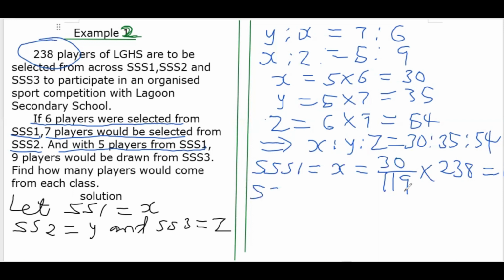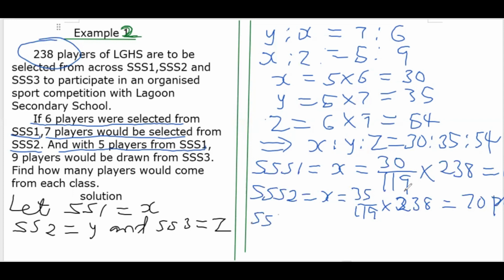Then SS2 is Y. The value of Y will be 35 over the total ratio, 119, times 238. This gives us 70 players.